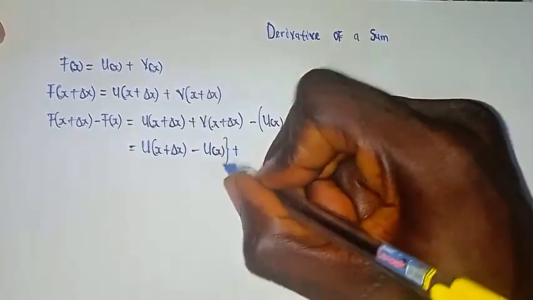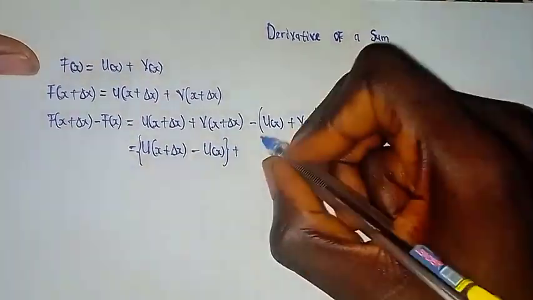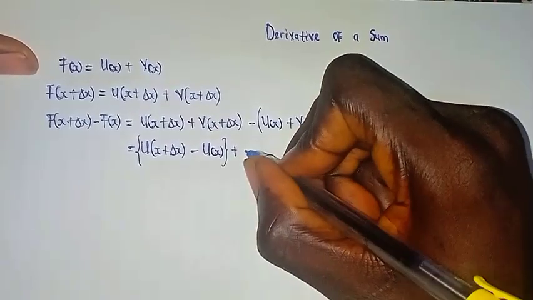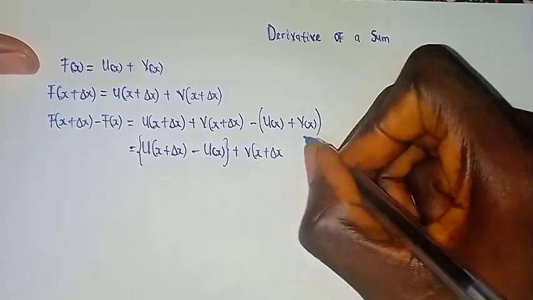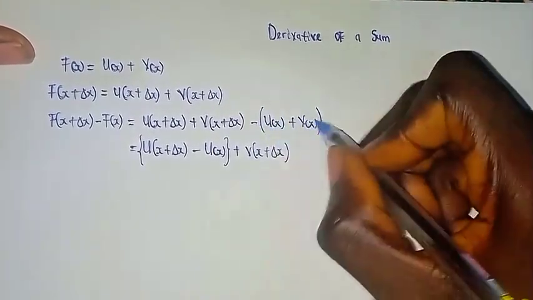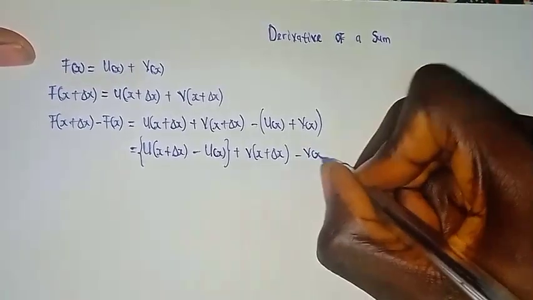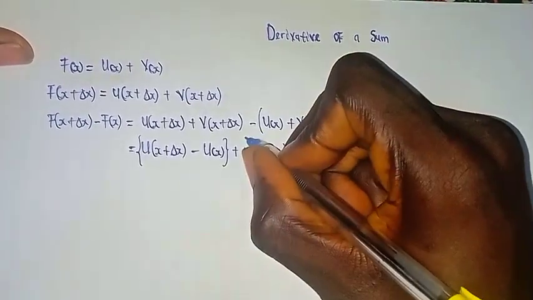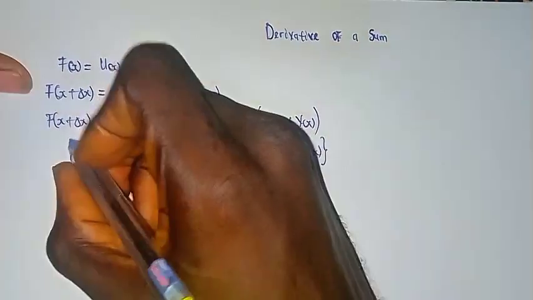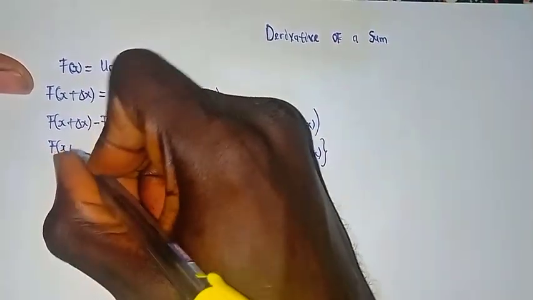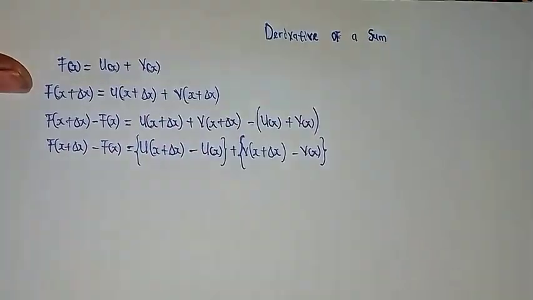Plus v of x plus delta x, and then minus multiplied by v of x becomes minus v of x. So our left hand side is f of x plus delta x minus f of x.